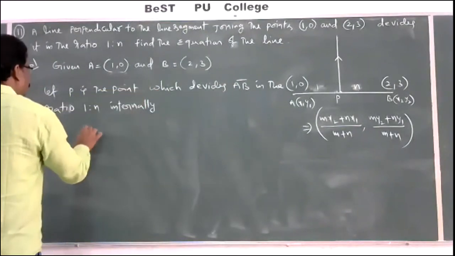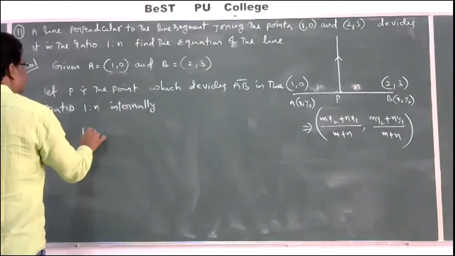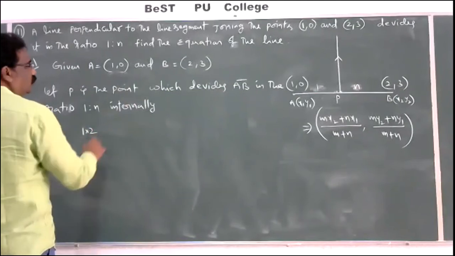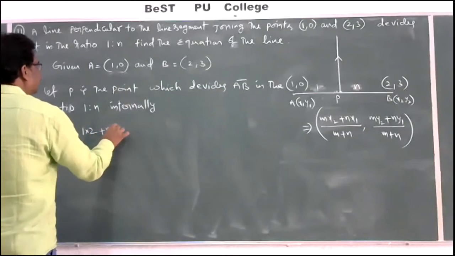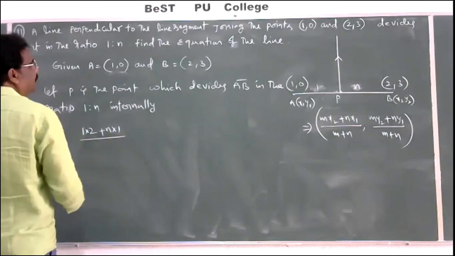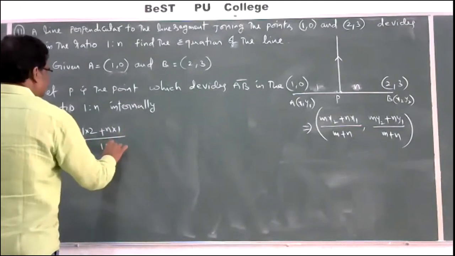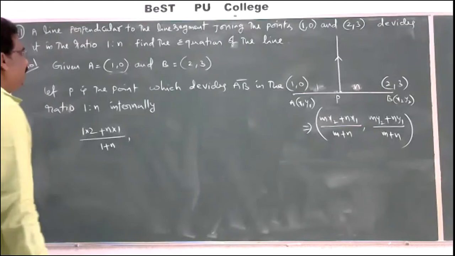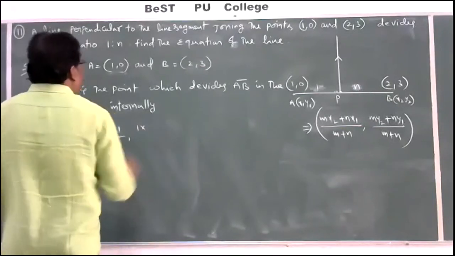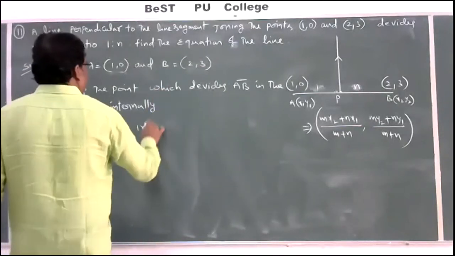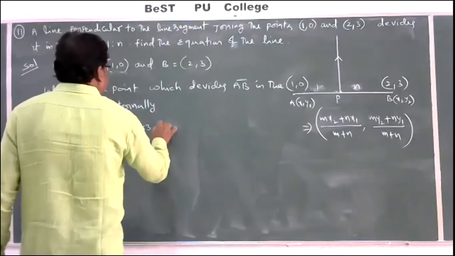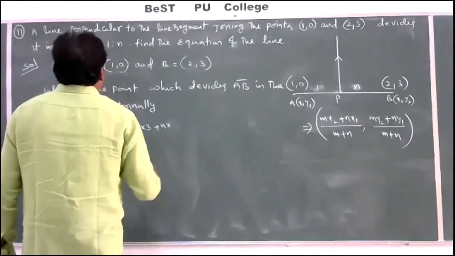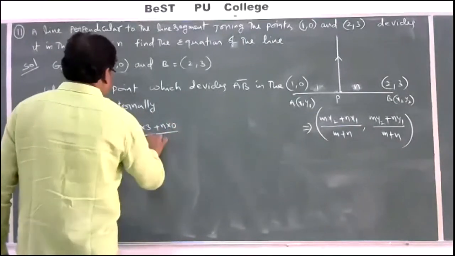Substitute 1 into x2, x2 is 2: 1 into 2 plus n into x1, which is 1, by 1 plus n, comma, m into y2, that is 1 into 3, plus n into y1, y1 is 0, by 1 plus n.